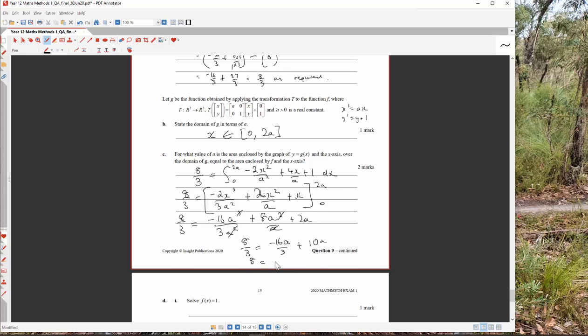Multiplying by 3, we've got 8 equals negative 16a plus 30a, so 8 equals 14a. a equals 8 on 14, what's that, 4 on 7.